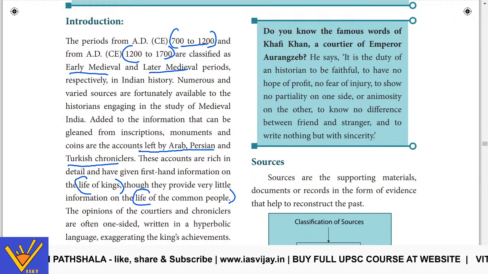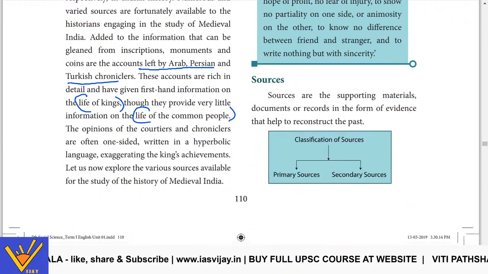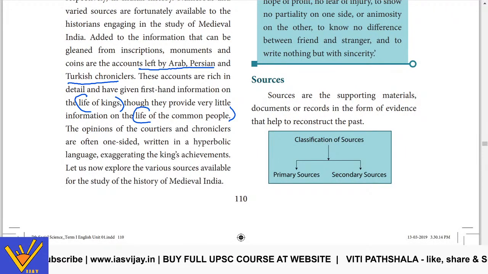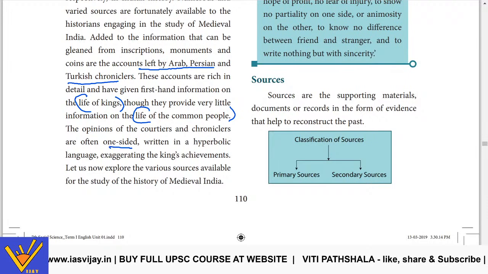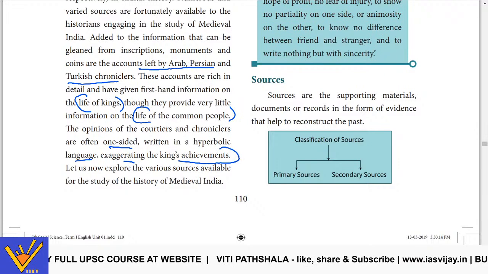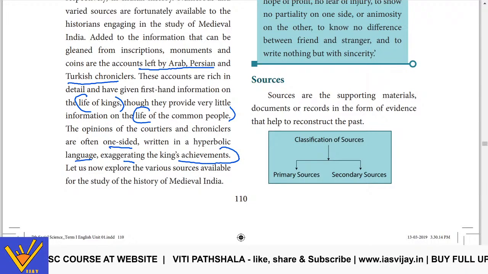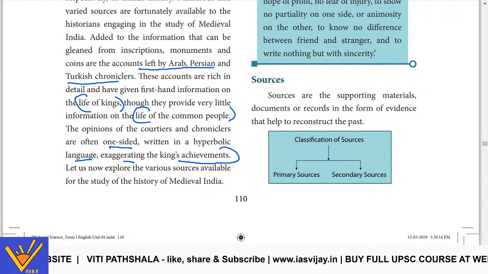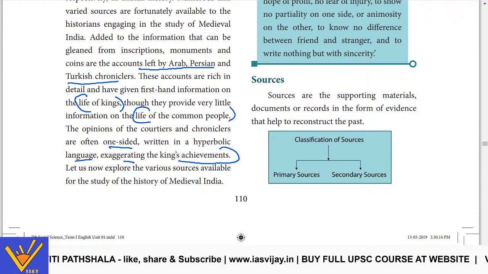The opinion of the courtiers and the chronicles are often one-sided, written in hyperbolic language, exaggerating the king's achievement. So they are telling about what the king has achieved. And let us now explore the various sources available for the study of the history of medieval India.